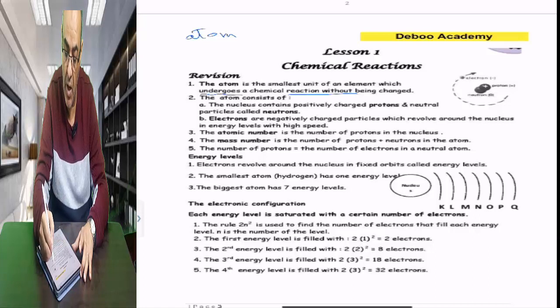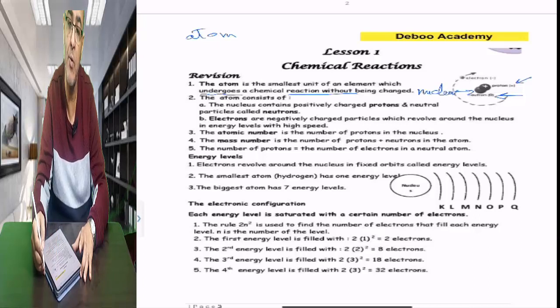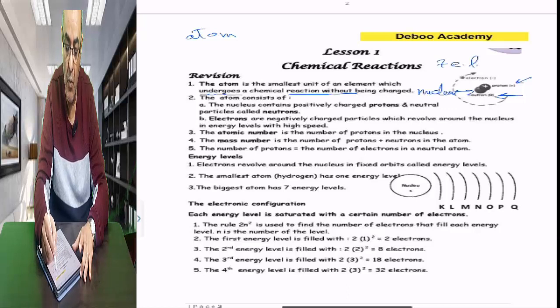The atom consists of, as we see here, positive protons and neutral neutrons inside the nucleus. So inside the nucleus we have two types of particles: positive protons and neutral neutrons. Outside the nucleus there are 7 energy levels which contain negative electrons.